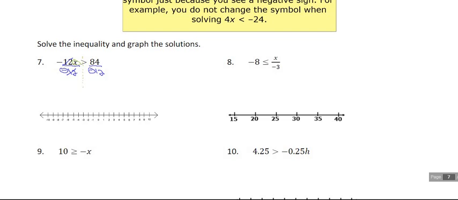I usually circle that as well, circling the fact that dividing both sides by a negative, circle the inequality, reminding myself to flip it. So now it's going to say x is less than negative 7. Target number is negative 7. Open circle, shade to the left.